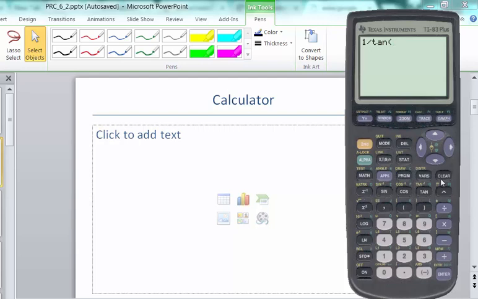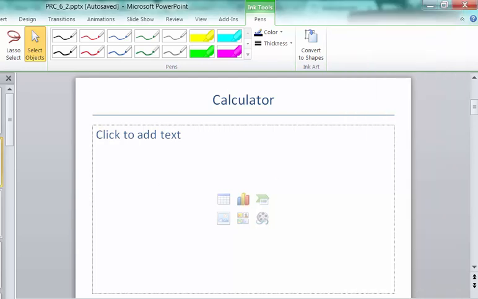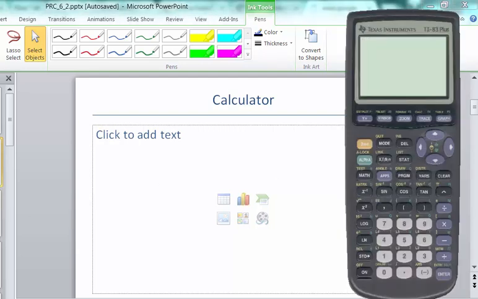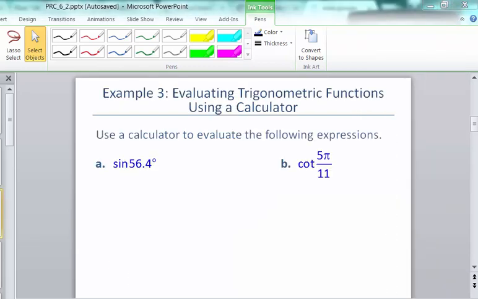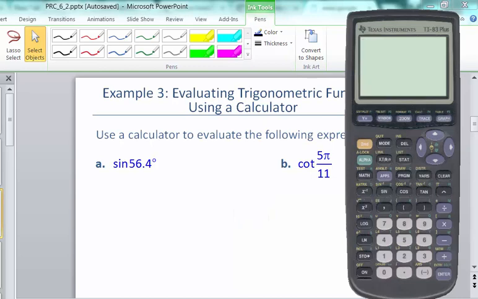Let's go ahead and look at a couple of examples. So our first example asks us to use our calculator to evaluate the expression sine 56.4 degrees.